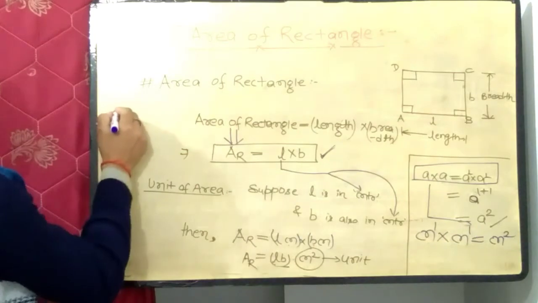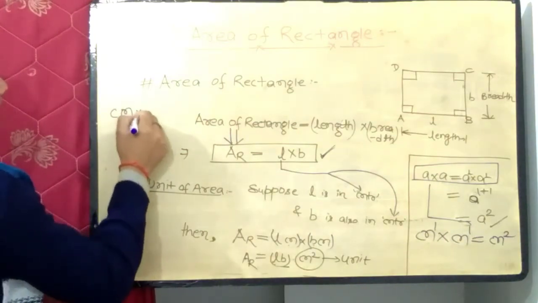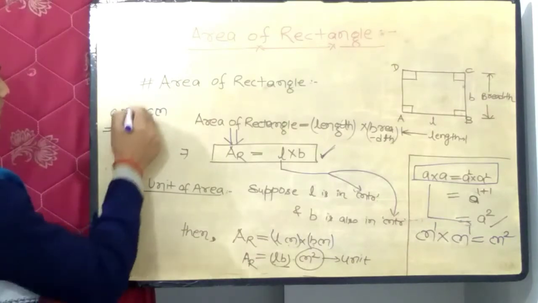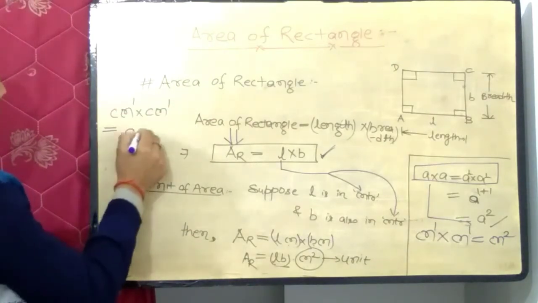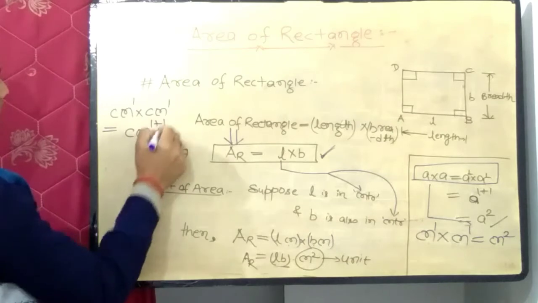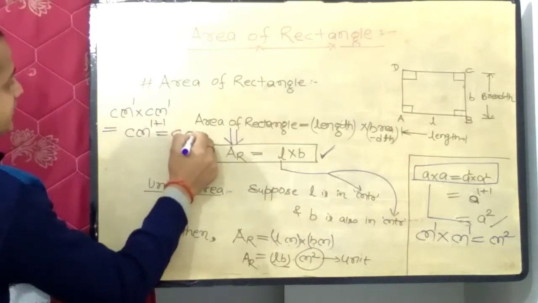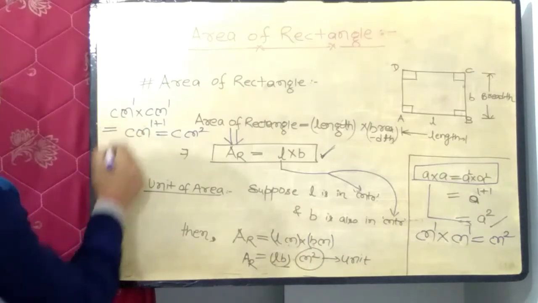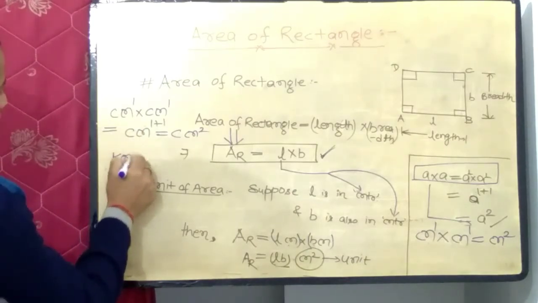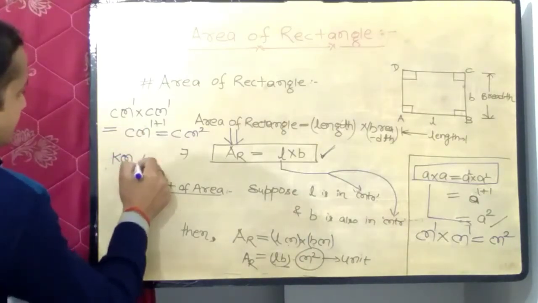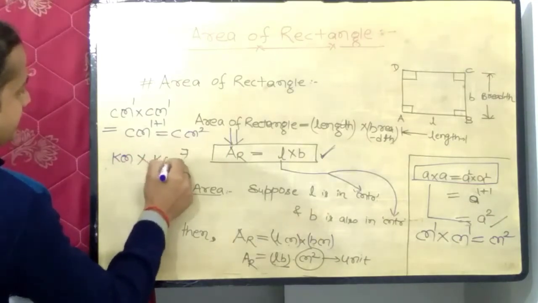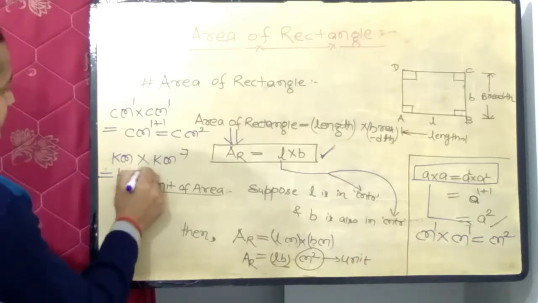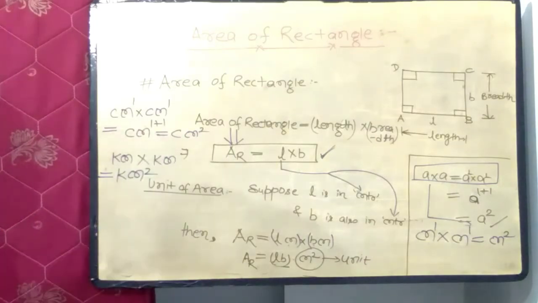Suppose length is given in centimeter and breadth is also given in centimeter, then you get centimeter to the power 1 plus 1, which means centimeter square. If length and breadth are given in kilometer, it will give kilometer square.